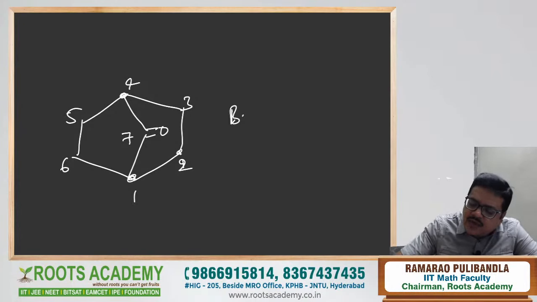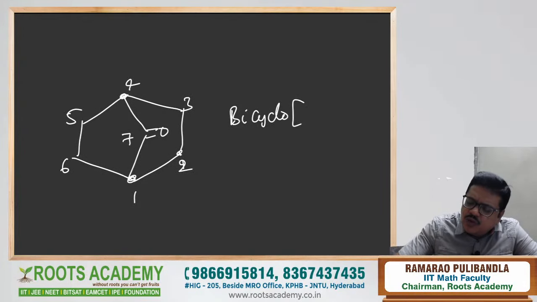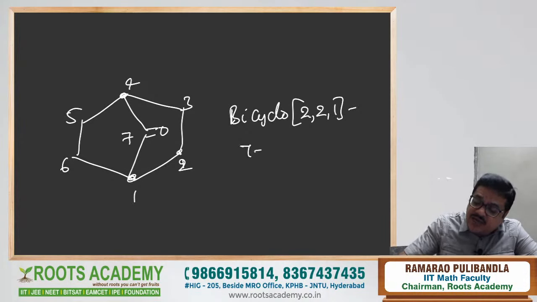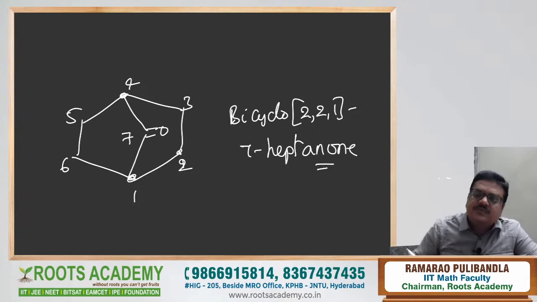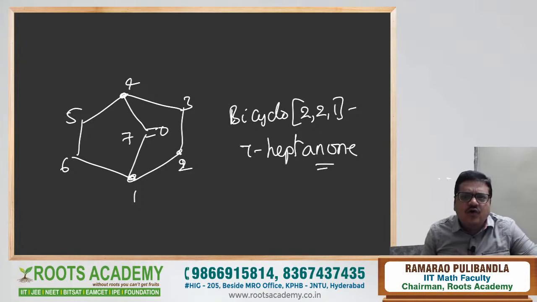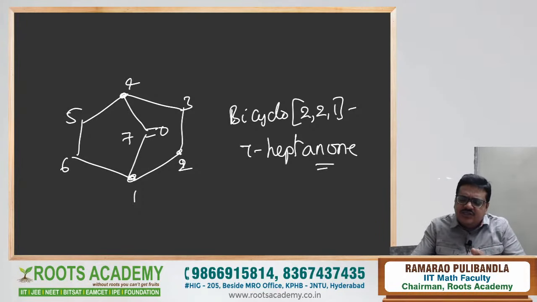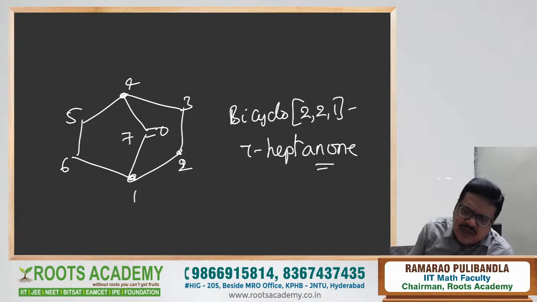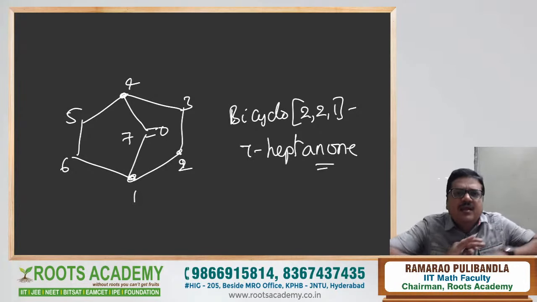So bicyclo, right? 2, 2, 1, 7, 7, heptanone. Therefore, this is just a small example of a bicyclo compound. So many remaining examples are there. Tomorrow I will discuss.